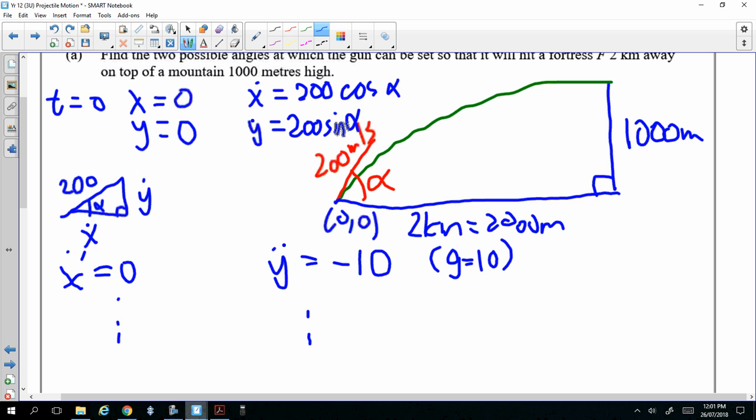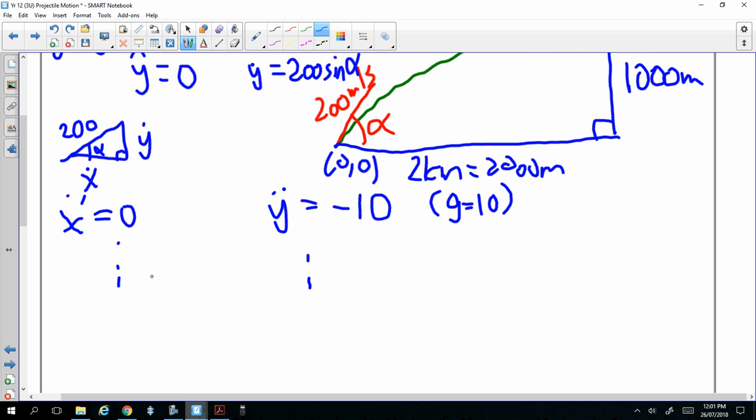Okay, good. So I have this drawn in red. So we continue.